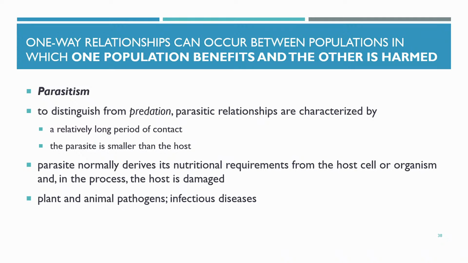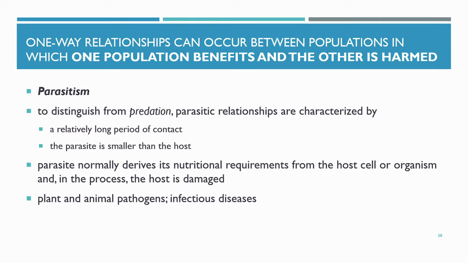Parasitism is not predation. Parasitism is characterized by a relatively long period of contact, so they're existing together and they're there for a long time, and then one benefits, the other is harmed. Usually it's not like a lion that wants to eat, which just goes and catches its prey and then moves on. It's not like that.